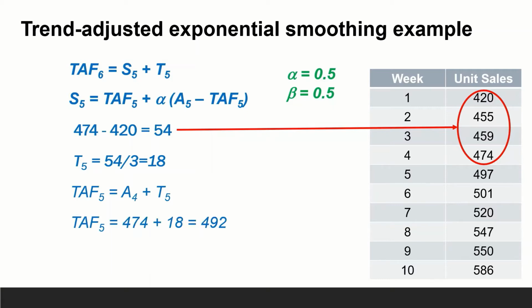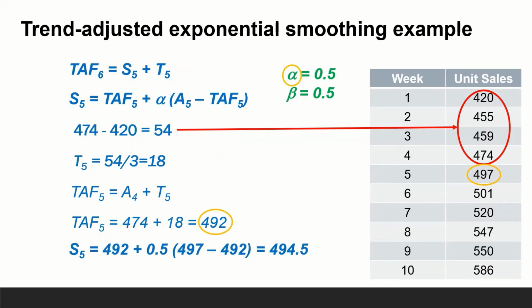So, TAF5 equals 474 plus 18 equals 492. Now, S5 can be calculated using the values of TAF5, alpha and A5. S5 equals 492 plus 0.5 multiplied by (497 minus 492).